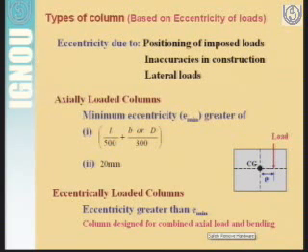So I was talking about the effective length. Effective length may be defined as the distance between the points of contraflexure. As you know from your knowledge of structural analysis, the points of contraflexure are points of no moment. So the distance between the two points of contraflexure is defined as the effective length.